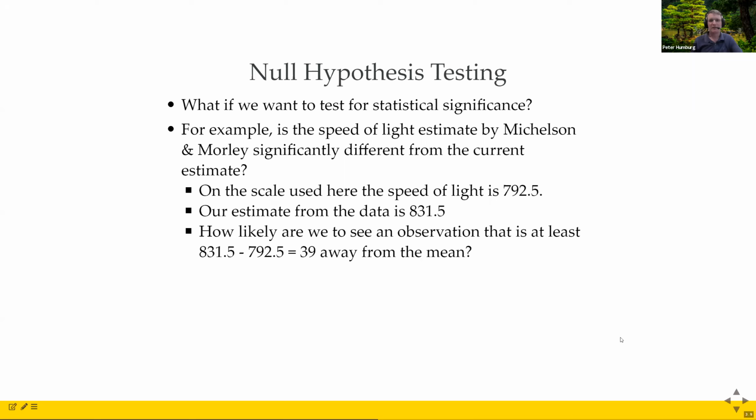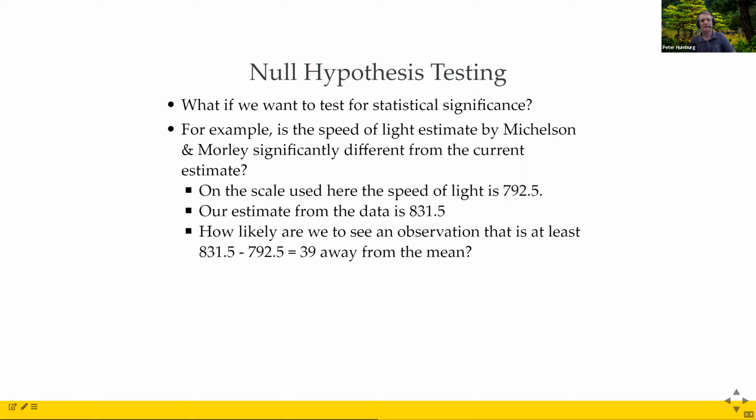And using our Bootstrap estimates that we already got, right? So we've got our Bootstrap samples of all these different means, and we can now get a simple test by comparing. So we start out by comparing our estimate, which is 831.5, to the one we want to compare to, which is 790.5.